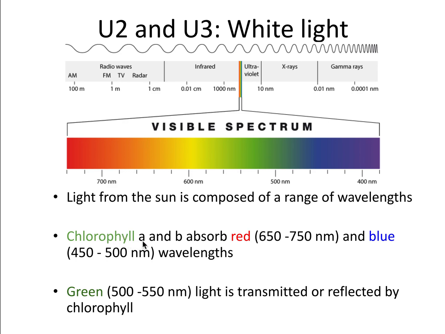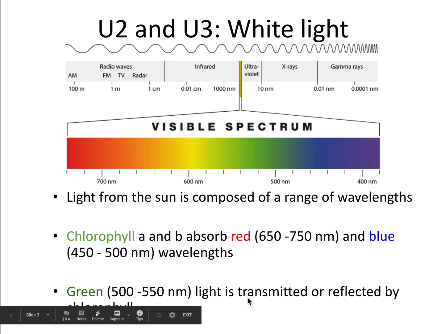So chlorophyll A and B are the most common ones. Chlorophyll A and B like to absorb red, so these would be longer wavelengths, and blue-violet colors, which would be shorter wavelengths, the most. Okay, so that's why we see green, because they're absorbing those colors the most.